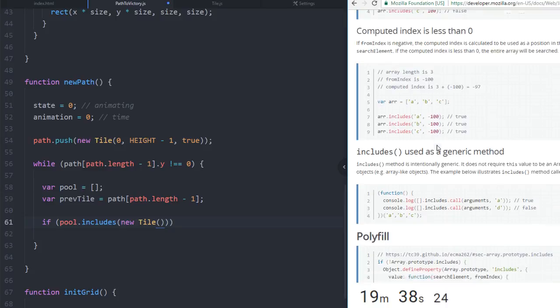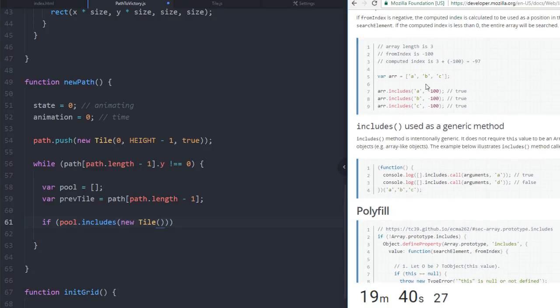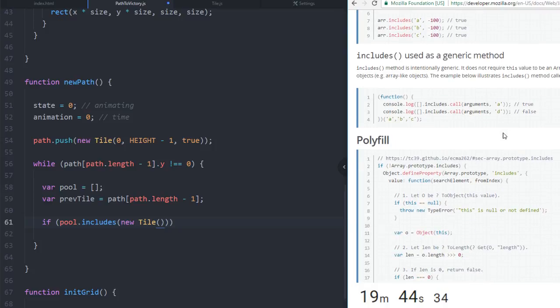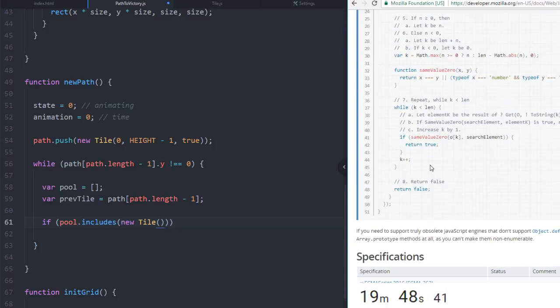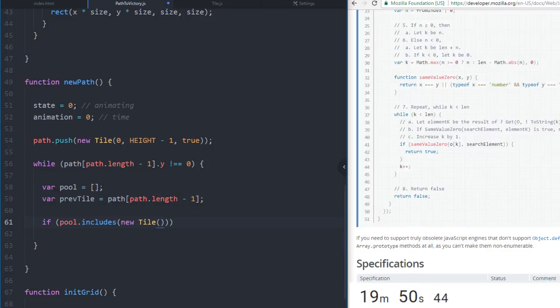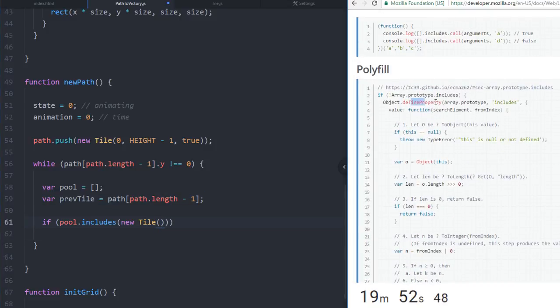Okay, so it's saying multiple times. Whoa, what? Whoa, what does this mean? Okay, anyways. Is this the actual one? Okay. Wait, no, I don't know. Whatever.